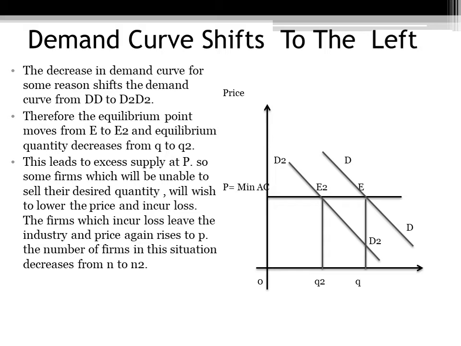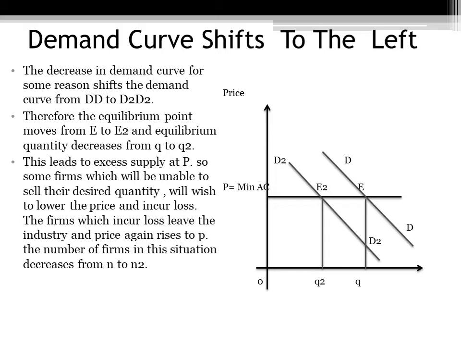So what happens when demand curve shifts to the left? The demand decreases and it leads to excess supply. Some firms wish to lower the price and they will incur loss.